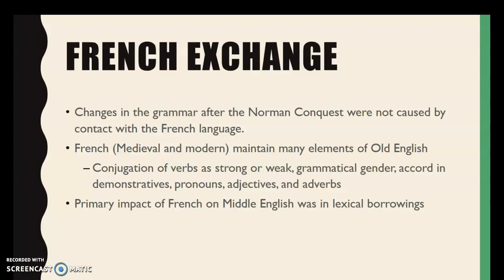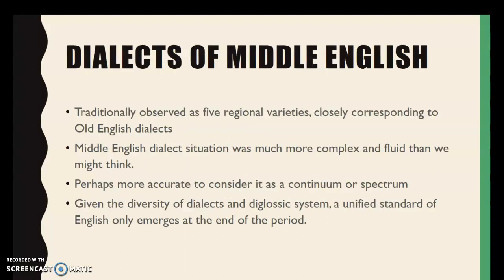So let's shift gears a bit and talk about dialects of Middle English and efforts to standardize the English language. Linguists break down the Middle English dialects into 5 regional varieties, which closely relate to Old English dialects, which makes a lot of sense. The 5 dialects were Northern, Western Midland, Eastern Midland, Southern, and Kentish.